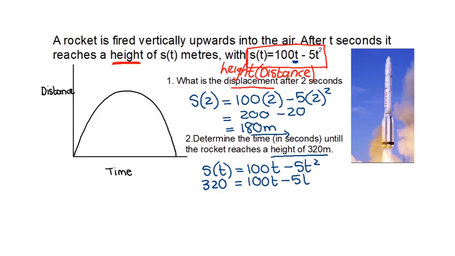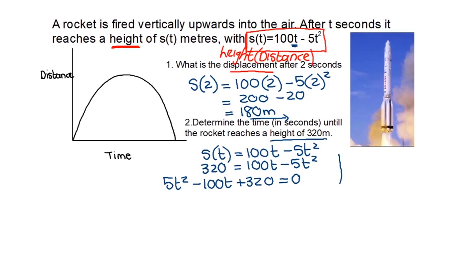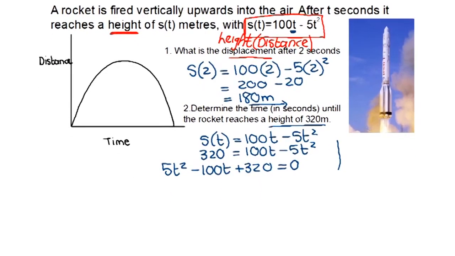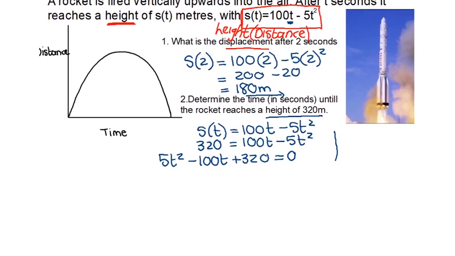What I have here is a quadratic equation, and therefore I'll have to equate it to 0. Therefore, let's take all the terms to the left-hand side. The 320 was already on the left-hand side, and we equate it to 0. I want to factorize, that will be the next thing to do, but I see that 5 can divide into all of these terms. So I can divide right through by 5.